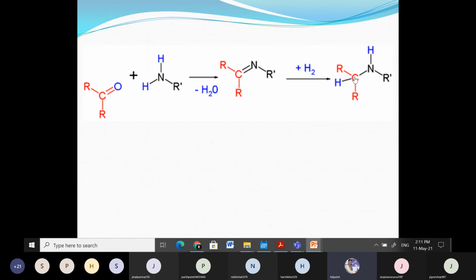Now how the reductive amination reaction takes place, we can understand by the mechanism also, but instead of going into detail, we can easily understand by this reaction. Here you can see oxygen is replaced. First of all, removal of a water molecule will take place and it will convert into C double bond N, and then we have this compound.